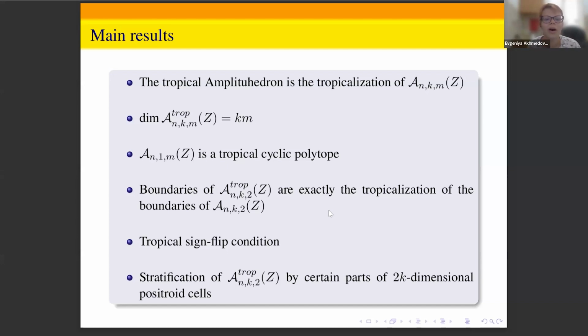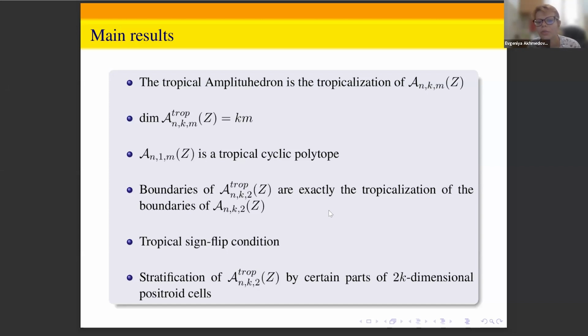For k equal 1, we see that it is a tropical cyclic polytope, and we'll see an example of that in some pictures later on. The boundaries of the tropical amplituhedron are the tropicalization of the boundaries of the regular amplituhedron in the m equal 2 case. We don't know that yet for m equal 4. We had the sign flip condition in the amplituhedron, and we get a tropical version of that.